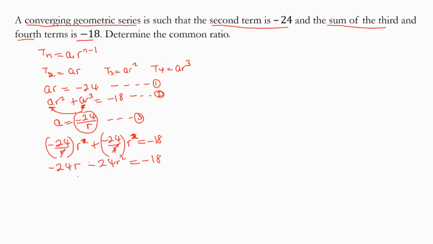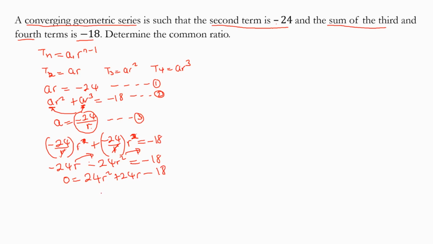Now we can write this in standard form. So let's put 0 is equal to, transposing negative 24R squared becomes 24R squared. We transpose negative 24R becomes positive 24R, then minus 18.